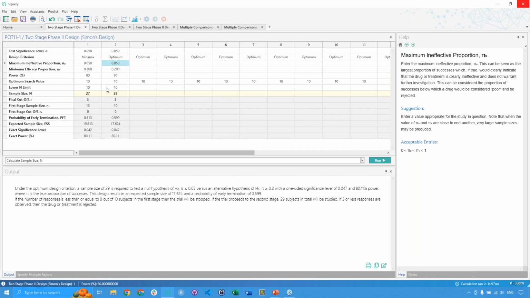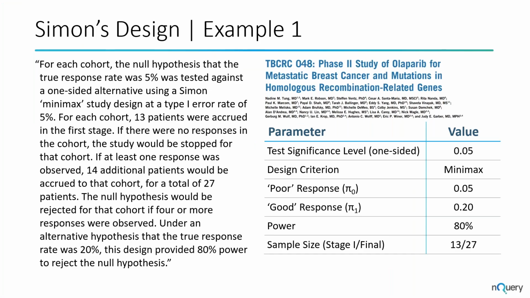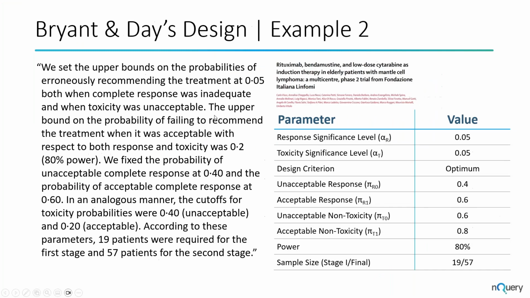The trade-off is a more decisive decision if the treatment isn't good enough versus a more measured approach to minimize the total time potentially under study. So with that now, we will move back to the slides and we can go to our second worked example.